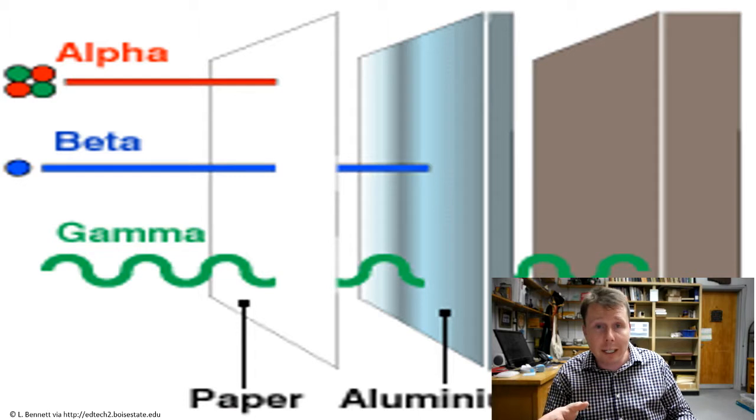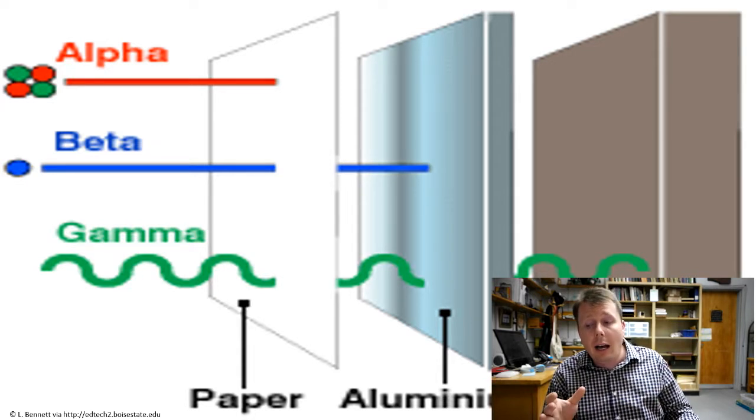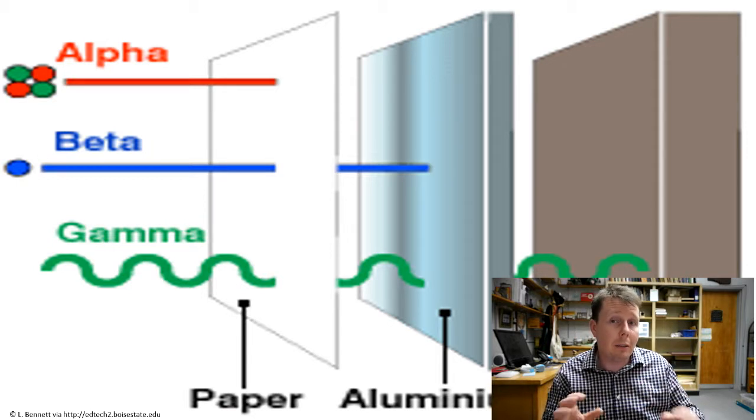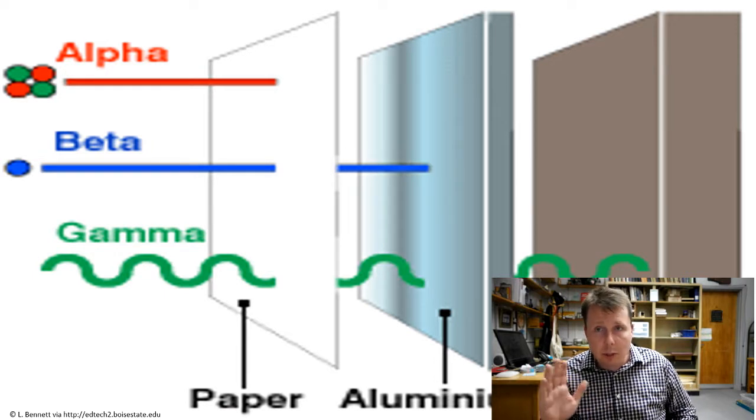From what I've heard about nuclear fallout shelters, you need a pretty thick lead, at minimum maybe 6 inches, to block gamma radiation. The reason we use lead is because it is the highest atomic number substance that is not radioactive, so it can really absorb some of these gamma rays. So if you're ever forced to be in a bomb shelter, you're going to see that they line those with lead.